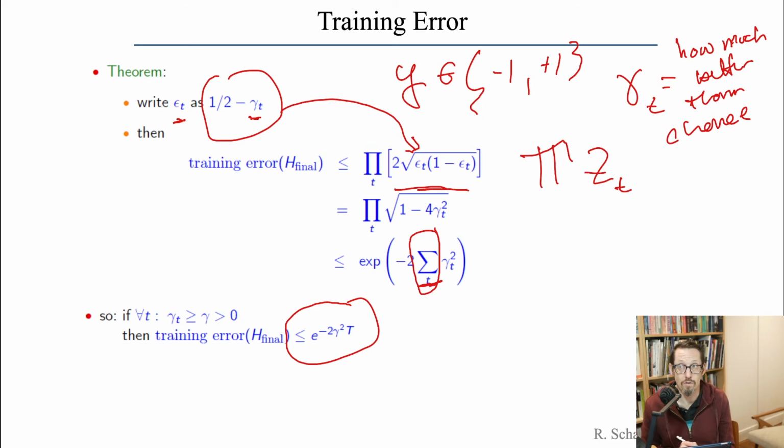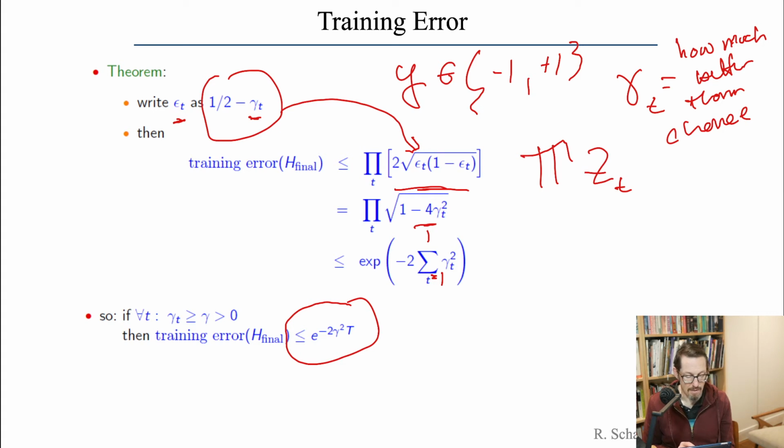So the notation here is that capital T is the thing here. So actually I should do it this way: t equal to 1 to capital T, right? We're going to go for a capital T of these guys.